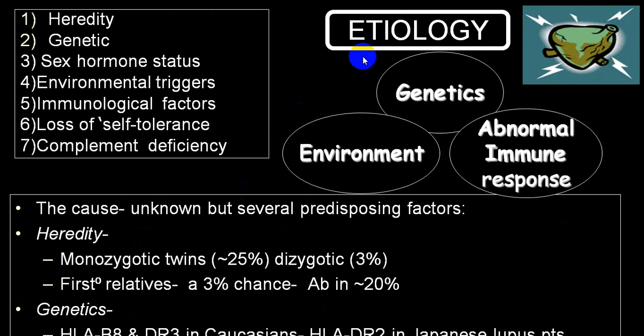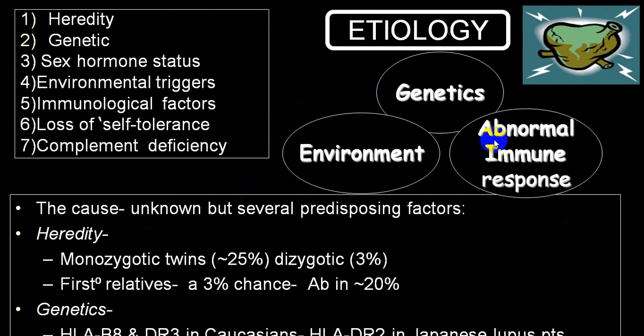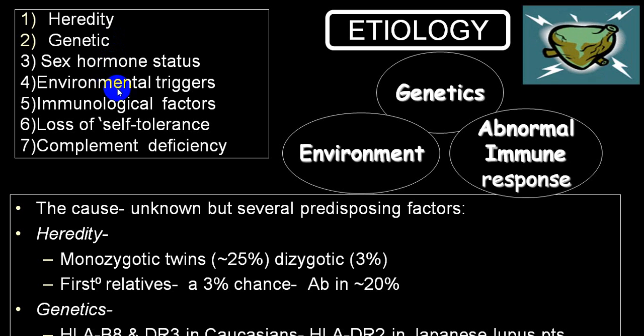If you go through the etiology, mainly it is genetic, environmental factors, and abnormal immune response. So hereditary or genetic, sex hormone, environmental triggers, immunological factors, loss of self-tolerance, and complement deficiency.